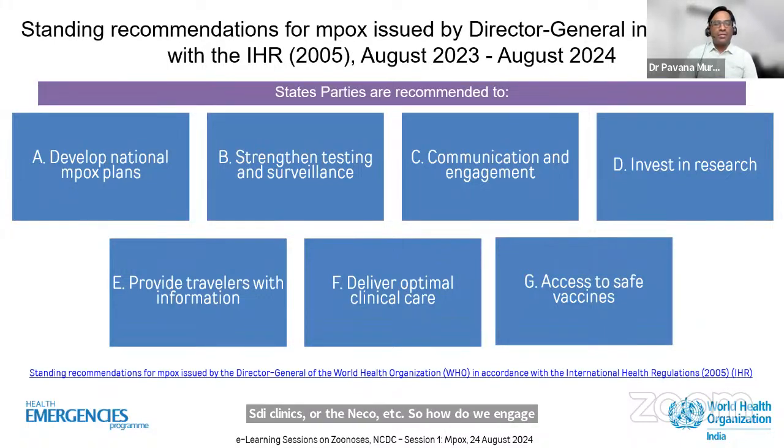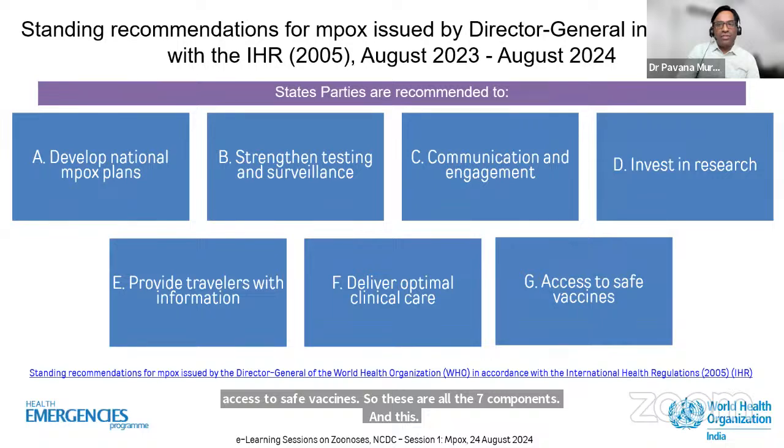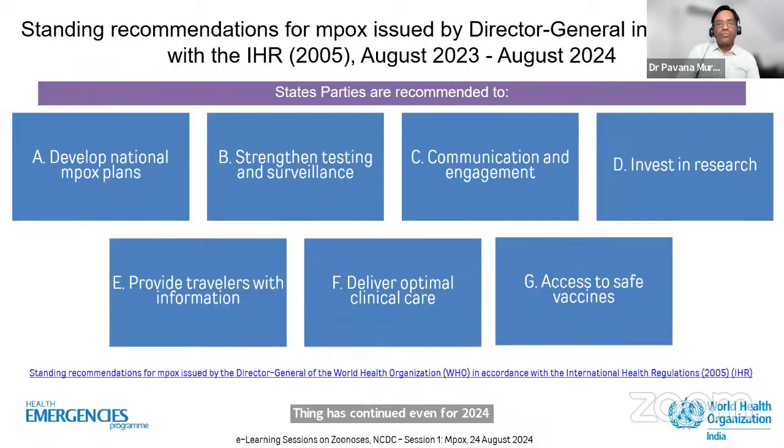That is something there. Research is one area where we need to look. Provide travelers with information, optimal clinical care, and access to safe vaccines. So these are all the 7 components, and this has continued even for 2024.